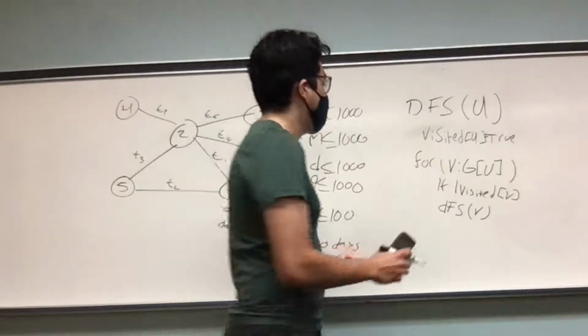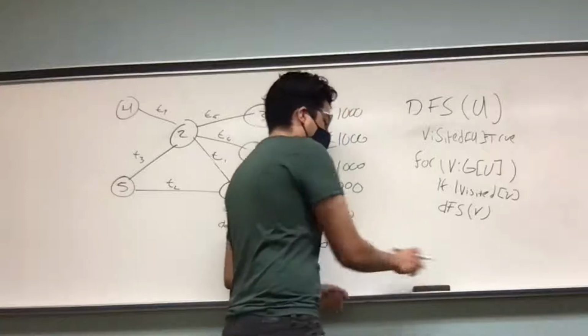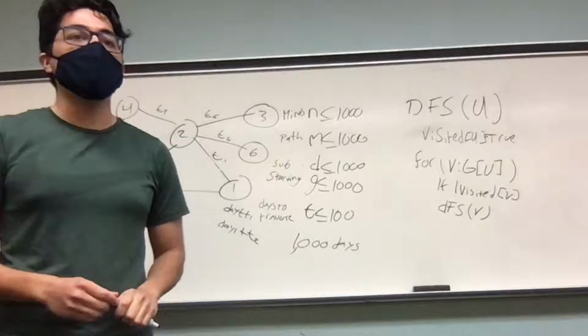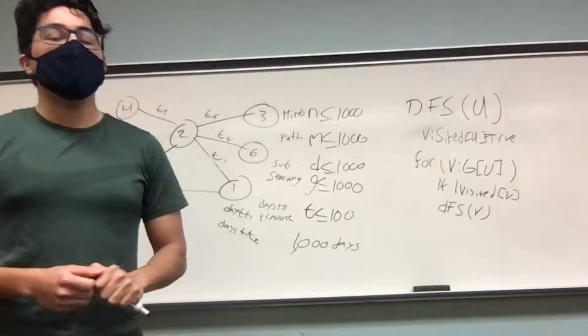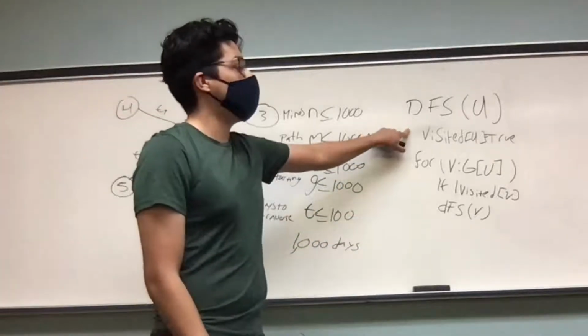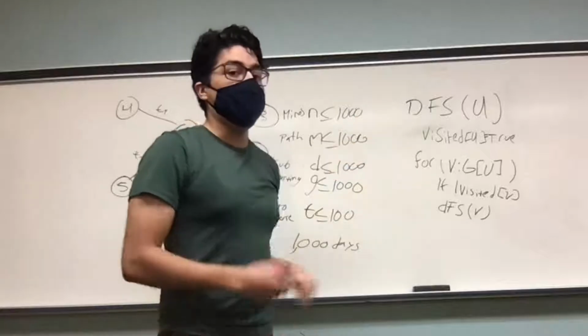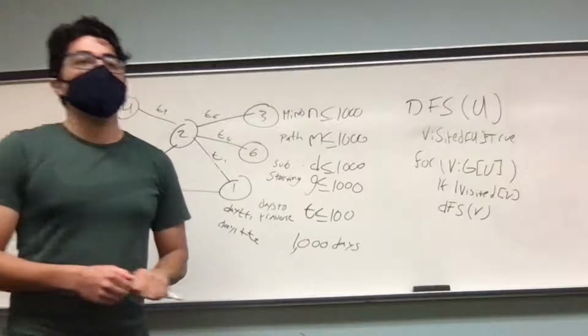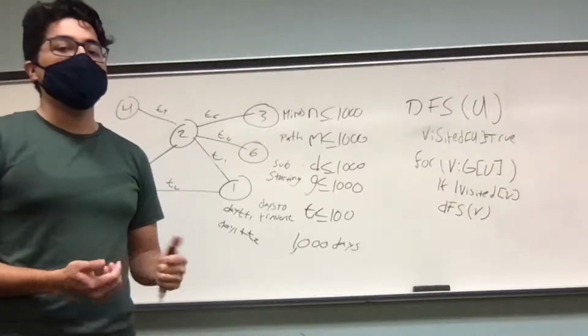All right. Let me see, does anyone have any ideas how we can do this? How can we translate our depth first search into a DP solution that works for this problem? I'll give you guys a couple minutes.